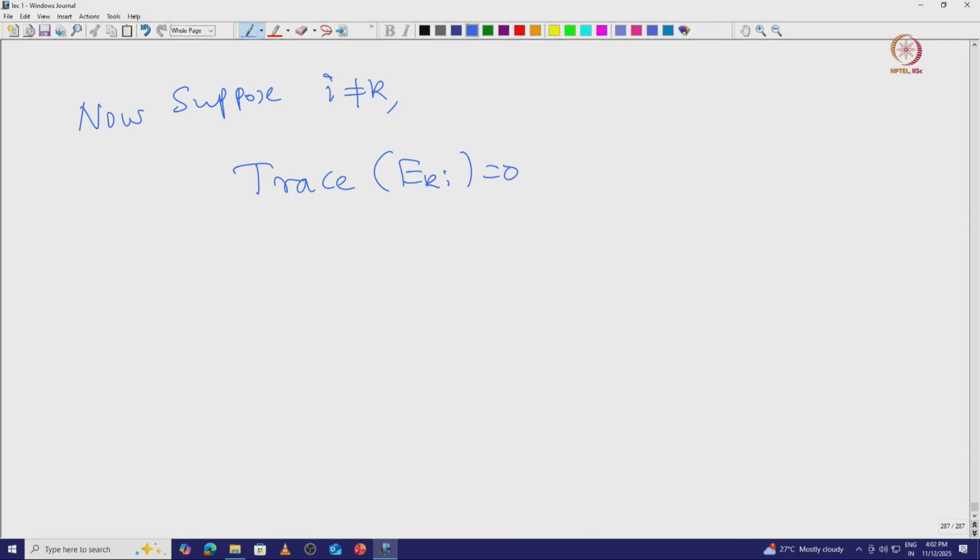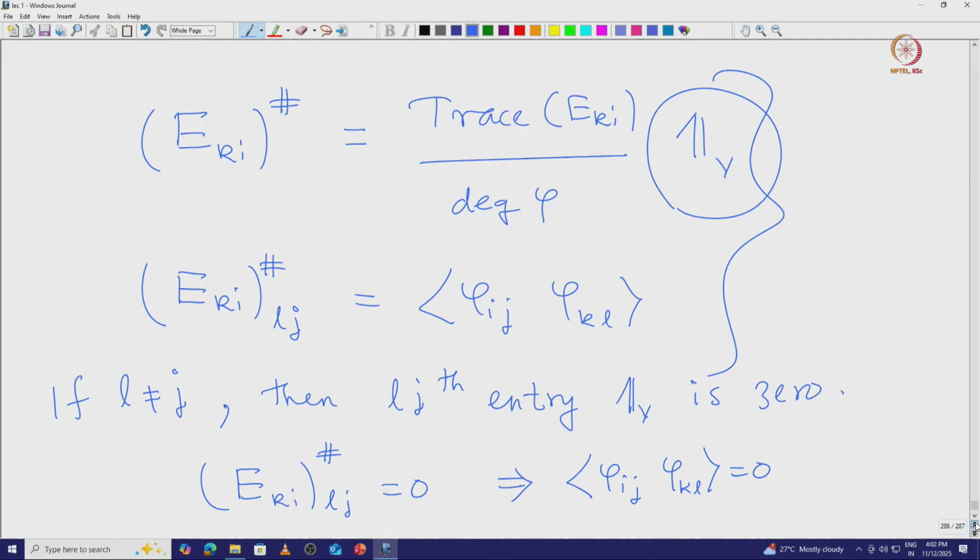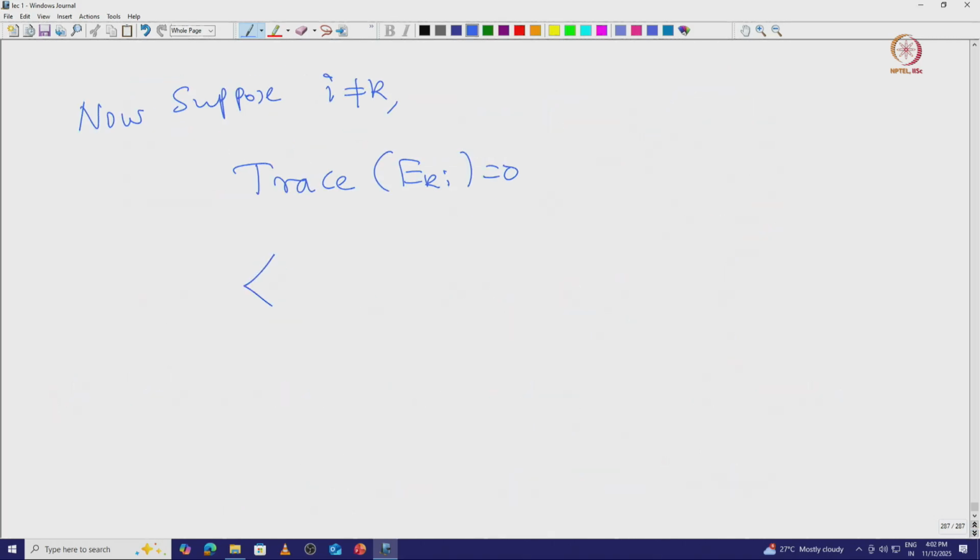So that forces this to be 0. Even in this case, the entire E_ki hashtag is going to be 0. That means E_ki hashtag lj is 0, so the inner product of phi_ij and phi_kl is going to be 0.